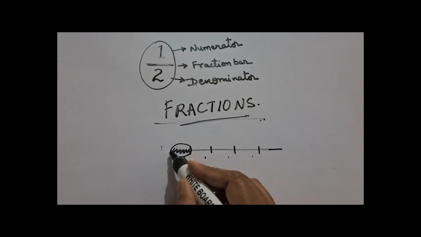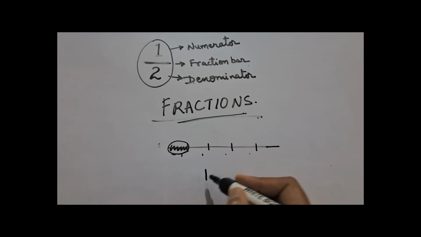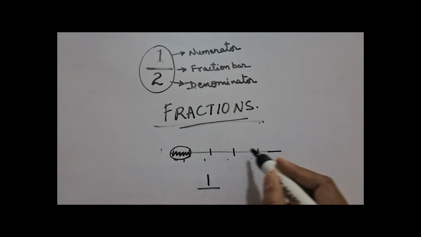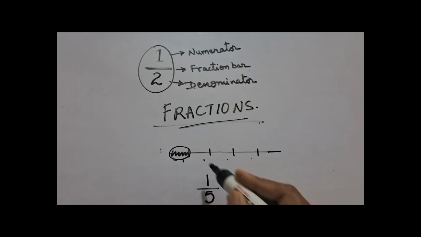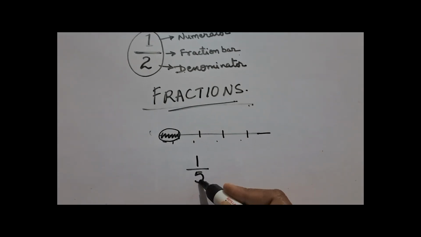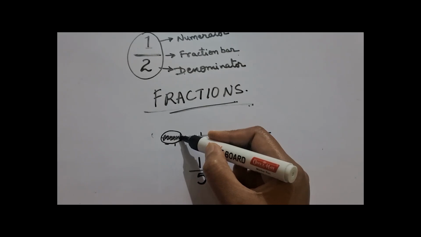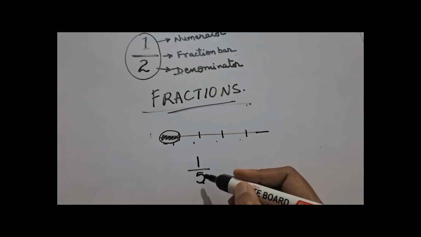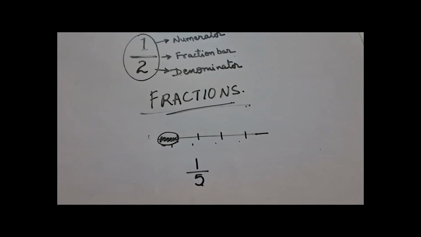So this is how many parts, children? Only one part you are taking. So write 1 in the numerator place. And total how many parts are there? 5 parts. So 5. 1 out of 5 parts. So this much part is 1 by 5. We call it 1/5 part of this whole.